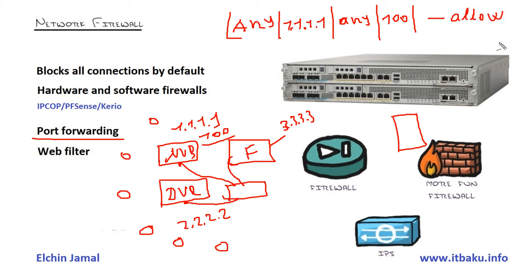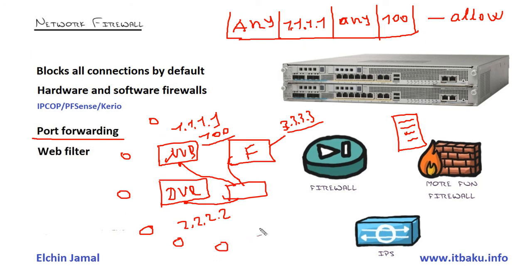I'm allowing any connection from outside using these parameters, from any IP address to this exact IP address, from any port to this exact port. And when I configure my application on my phone, I'll put the external IP address, the port number 100, the username for the NVR or DVR, and the password. And I will be able to connect to my NVR to see my surveillance cameras.